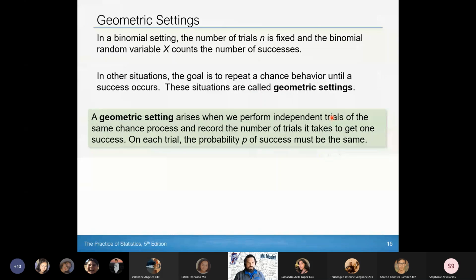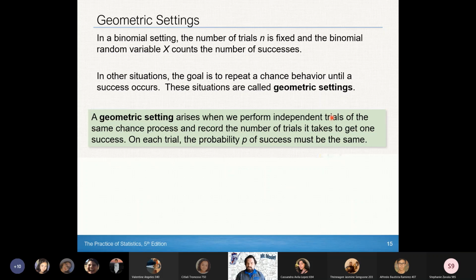So now we get into geometric settings. In a binomial setting, the number of trials n is fixed, and the binomial random variable X counts the number of successes in a fixed number of trials. In other situations, the goal is to repeat chance behavior until a success occurs. These situations are called geometric settings.